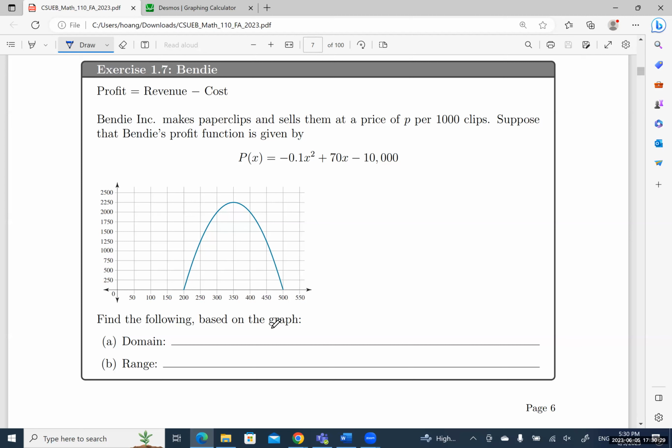This next problem is about the profit function, and I want you to highlight this: profit equals revenue minus cost.